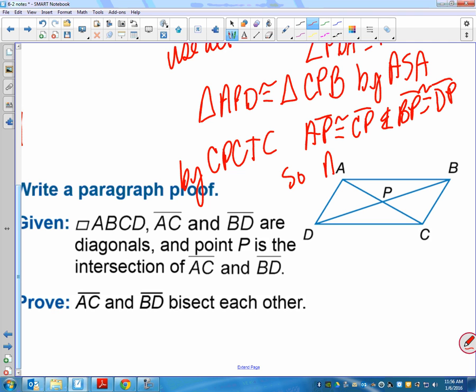Therefore, AC and BD bisect each other by the definition of bisect. It's kind of a long proof, but to me, it makes sense because of all the things that we've learned.